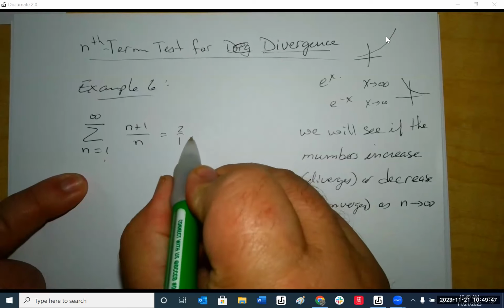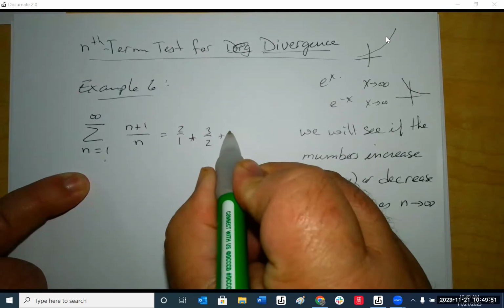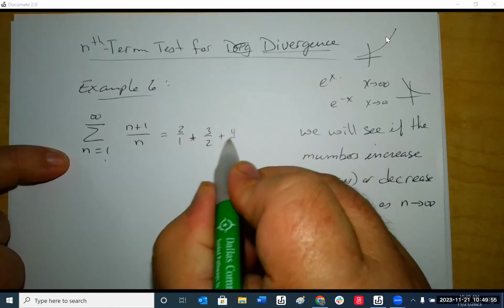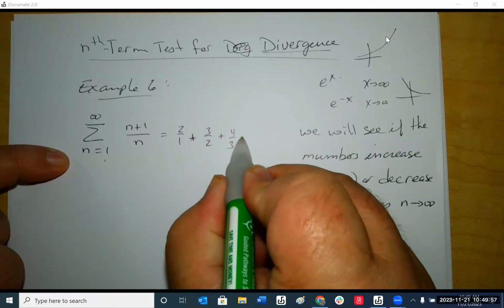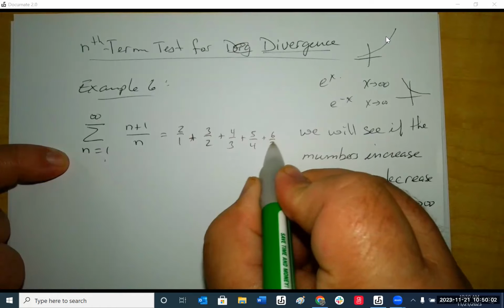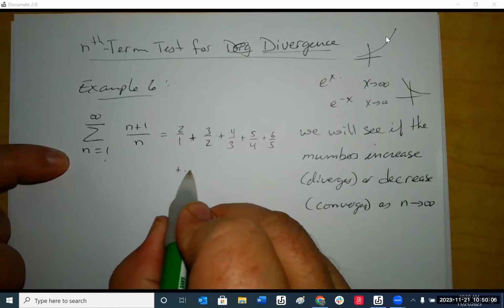When n is 2, we have 3 over 2. When it is 3, we have 4 over 3, 5 over 4, 6 over 5. It keeps on going.